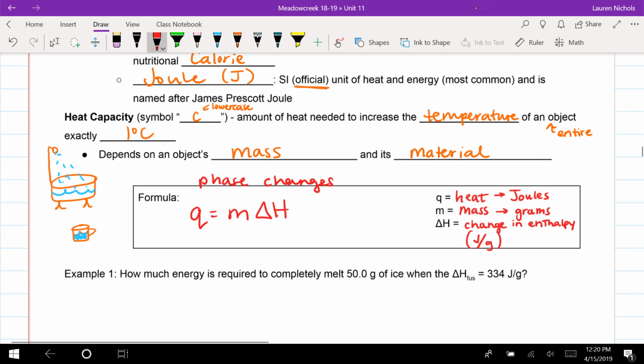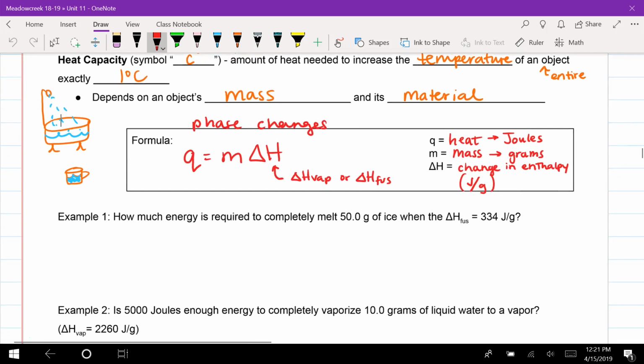And so remember, for delta H, you can use delta H of vaporization or delta H of fusion, depending on what phase change is occurring, which you should look at your data table that we talked about in the phase change video and should already be in your notes to determine which one you need.